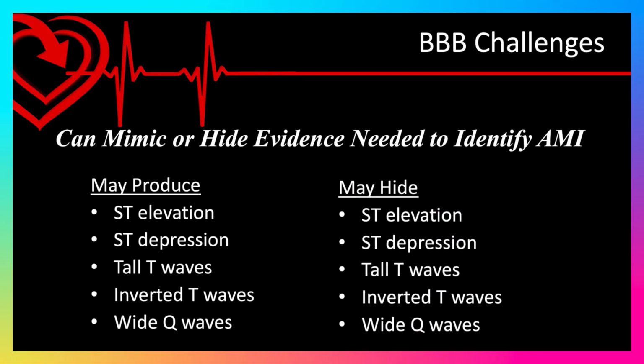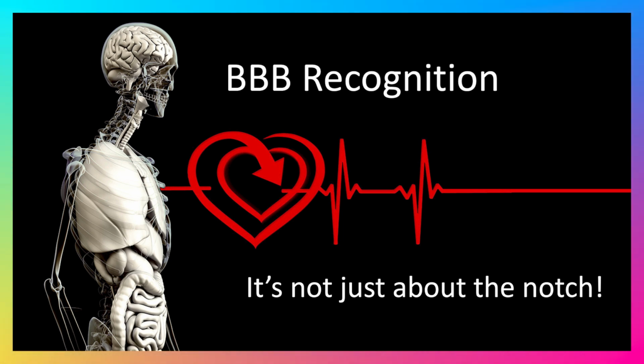All of those parameters can also hide all of that. So the patient who you would normally be able to see ST elevation or depression, you may not be able to identify it because of the shape of the QRS in the presence of a bundle branch block. Makes it odd and difficult to identify some of these parameters.